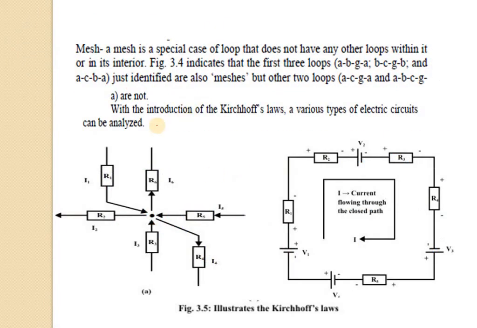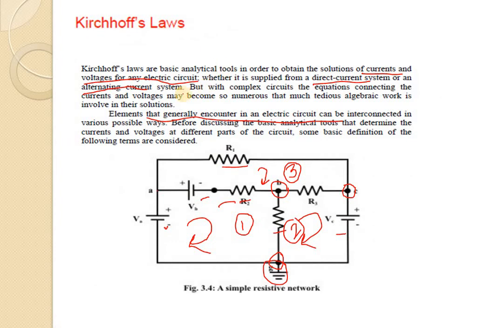Next is mesh. A mesh is a special case of a loop that does not have any other loops within it or in its interior. Figure 3.4 indicates there are first 3 loops. Here, these 3 loops are basically 3 meshes. And why is it called a mesh? Because no other loop is included in it.